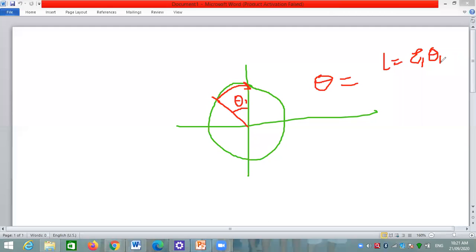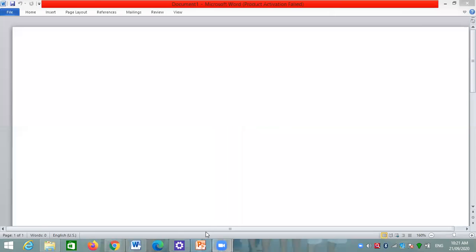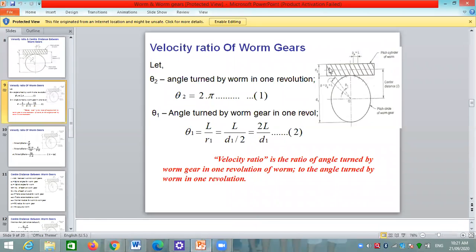Therefore, lead is equal to r into theta 1. Means what? When the worm completes one revolution, the distance turned by the worm wheel is equal to lead.